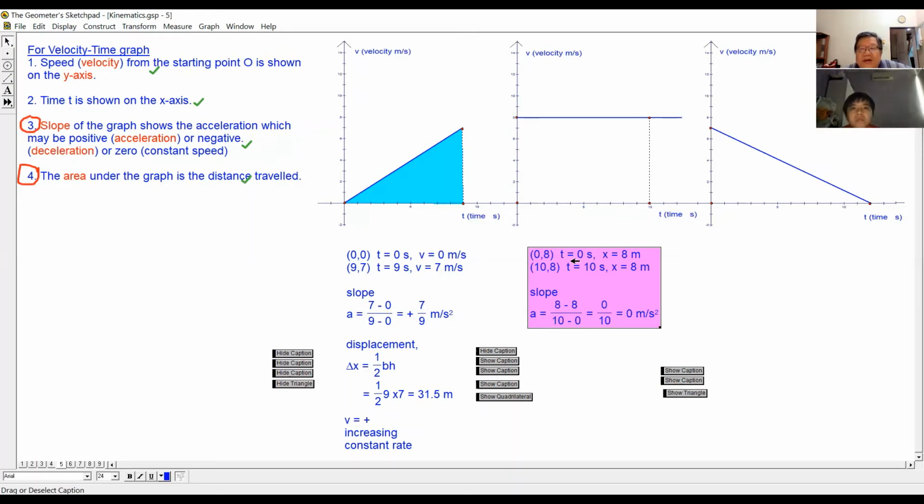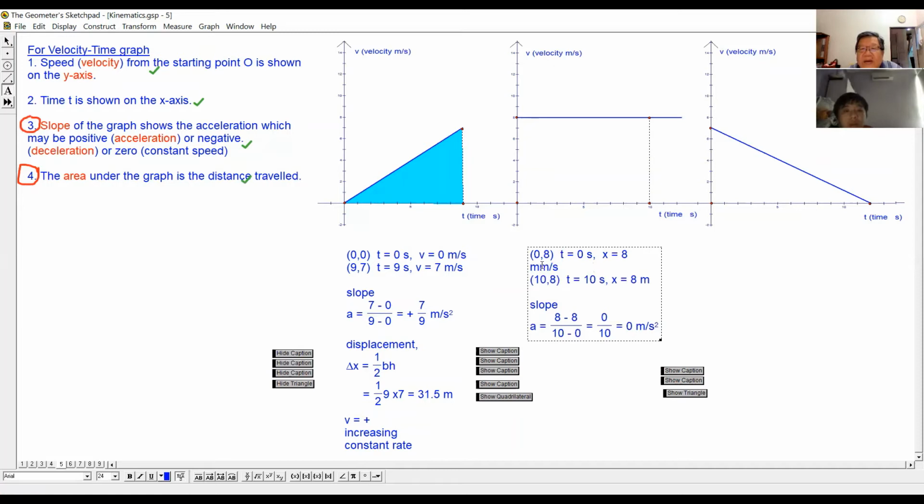It means that when the time is 0, the velocity is 8 meters per second. Not position, the velocity, in meters per second.